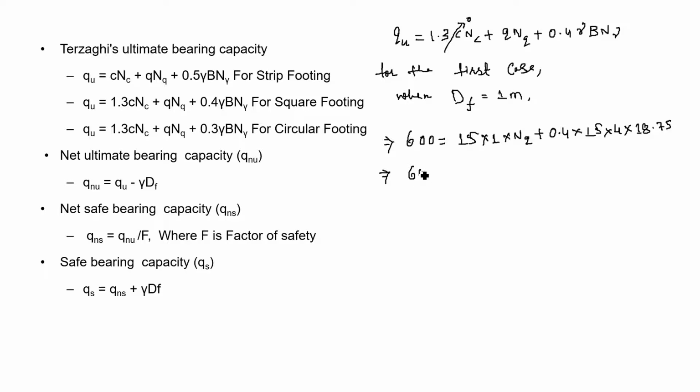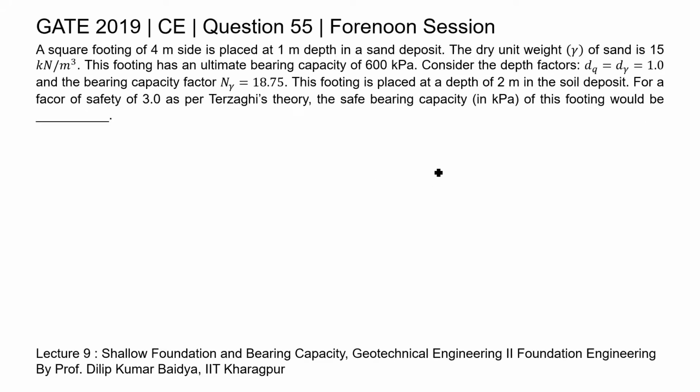So we can calculate it: 600 is equal to 15 Nq plus, after calculation, 450. So we can find this Nq as 10.